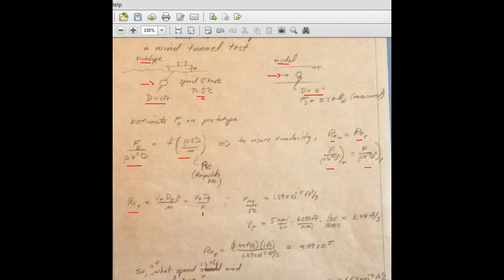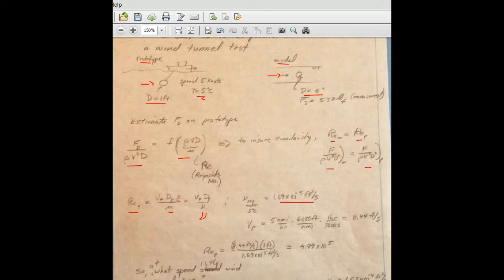Remembering that we can also use this new term, nu, not new term, to be the kinematic viscosity, which is just mu, regular viscosity, divided by the density. So if we look that up for seawater someplace at 5 degrees C, we would get this number. So that's a lookup number.